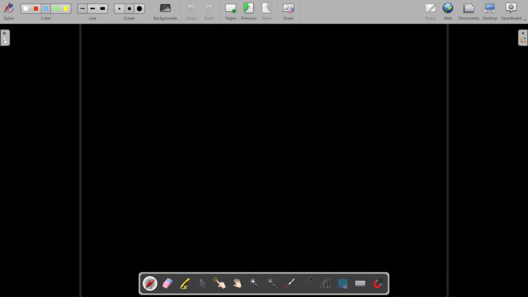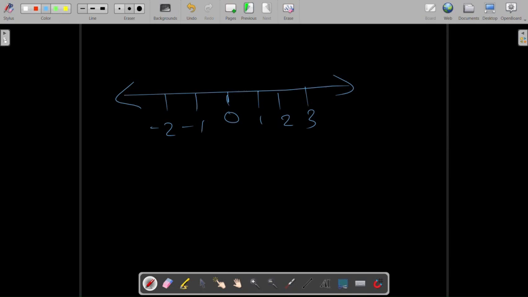So if I explain it, I draw a number line 1, 2, 3, 4, minus 1, minus 2, like this.